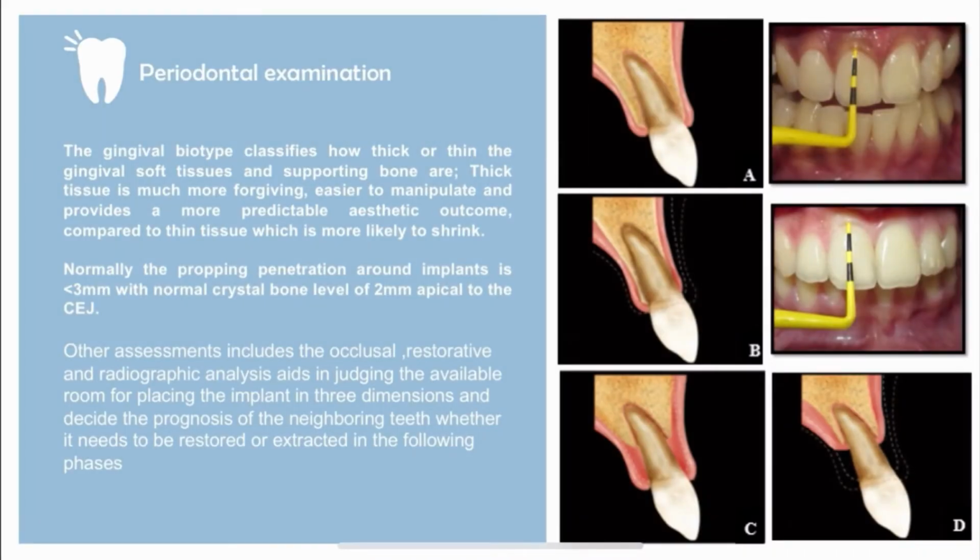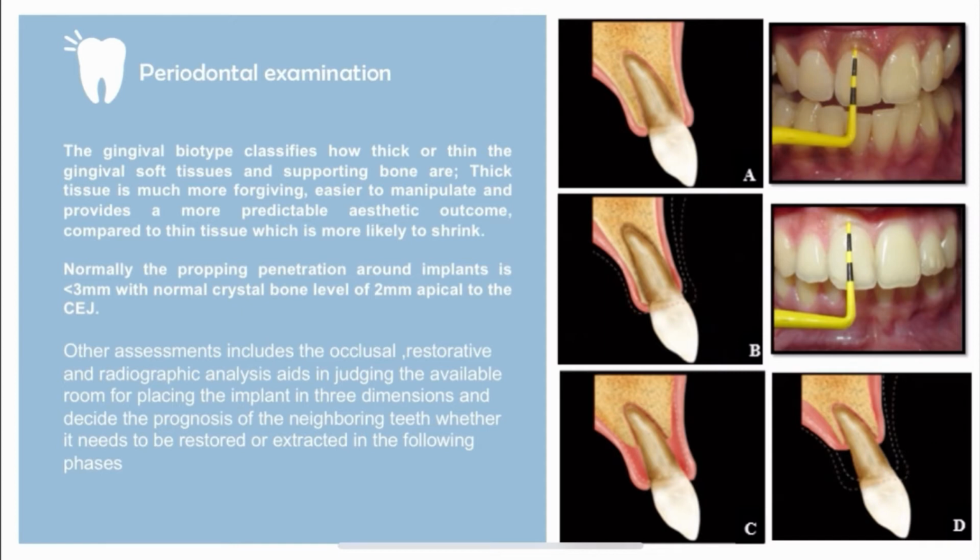One of the important assessments to be done preoperatively is the periodontic examination to test both the soft and the hard tissue and to define the gingival biotype of the patient, which classifies how thick or thin the soft tissue and the underlying bone are. The thick tissue is much more forgiving, easier to manipulate, and provides a predictable aesthetic outcome.